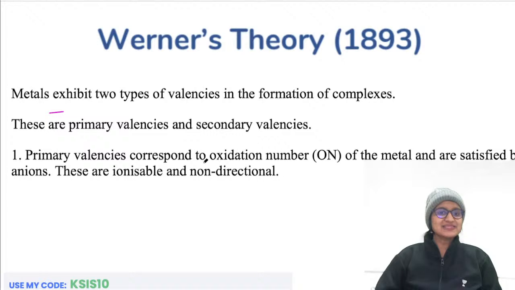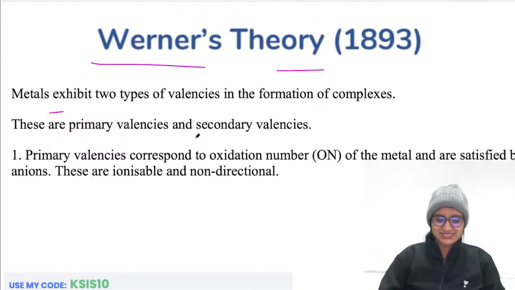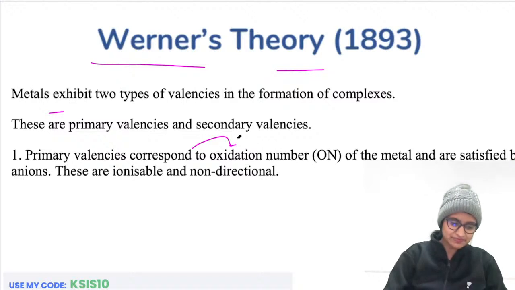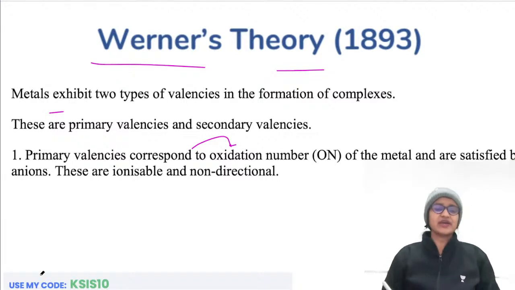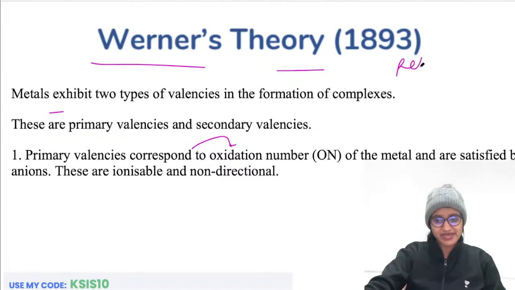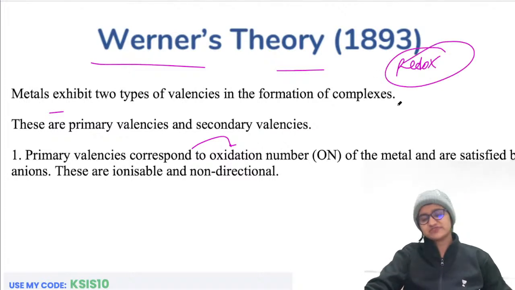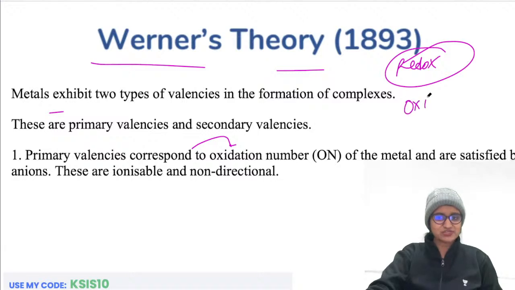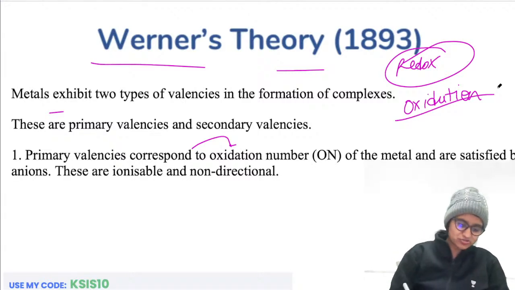Now the primary valency, according to Werner, is simply the oxidation number. I have told you in the redox reaction session, which you can watch, all the rules for how to calculate oxidation number. I'm not going to start that in this lecture.